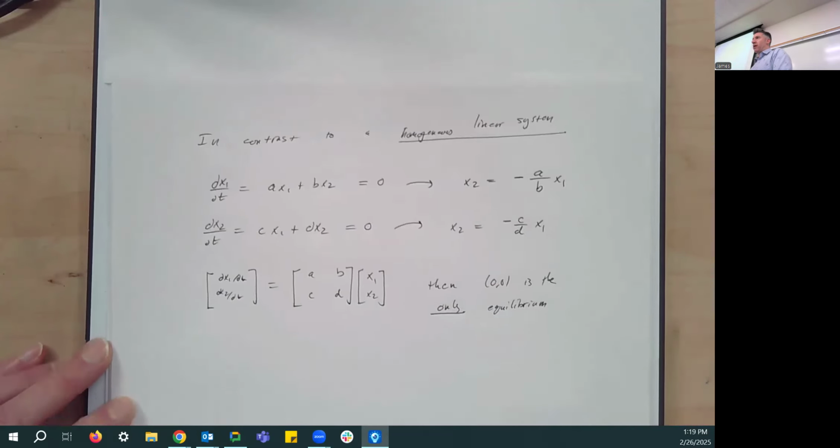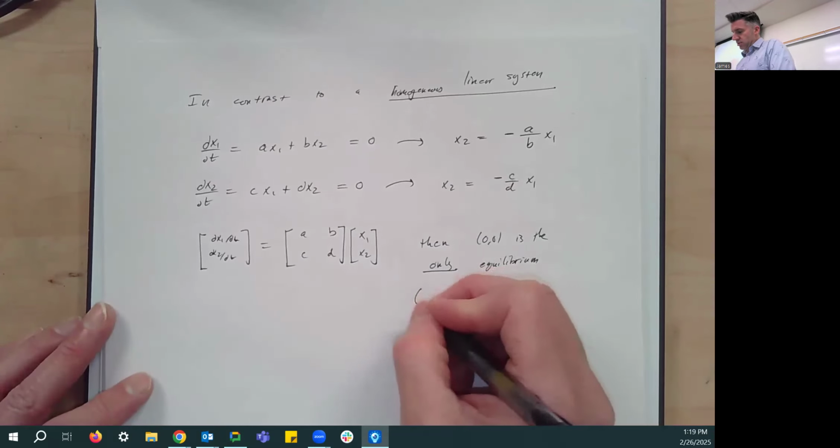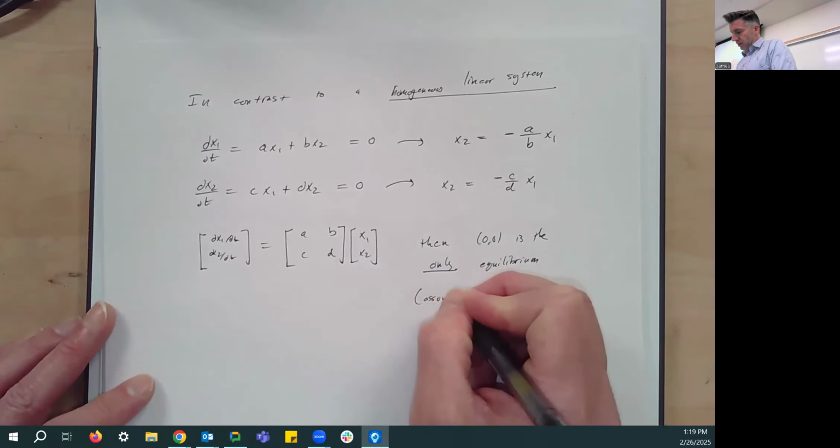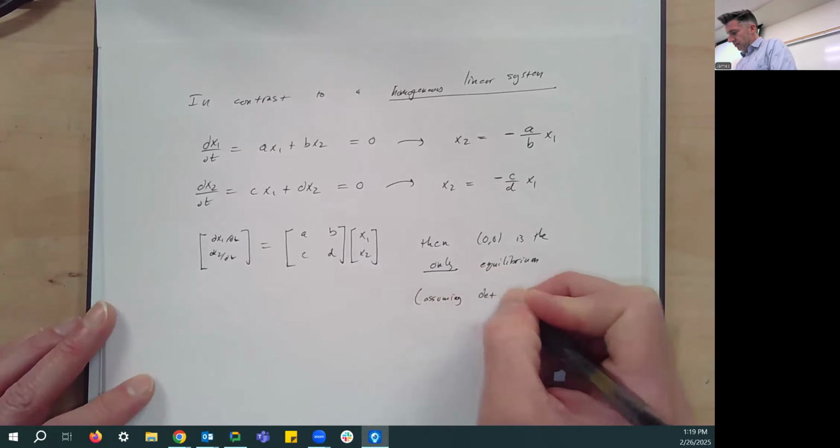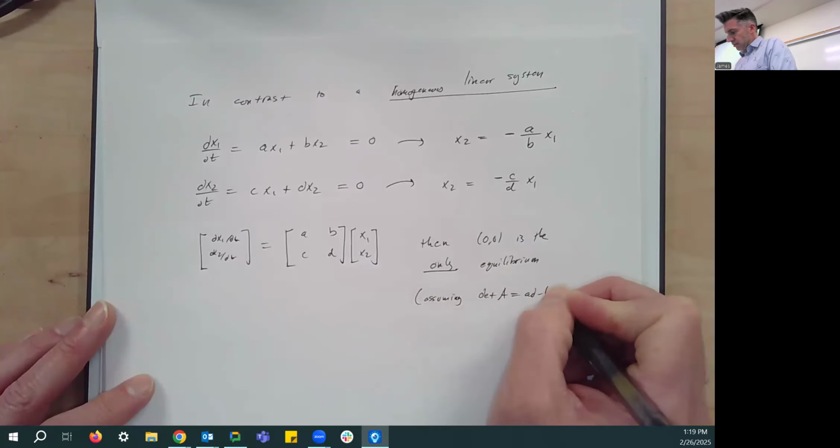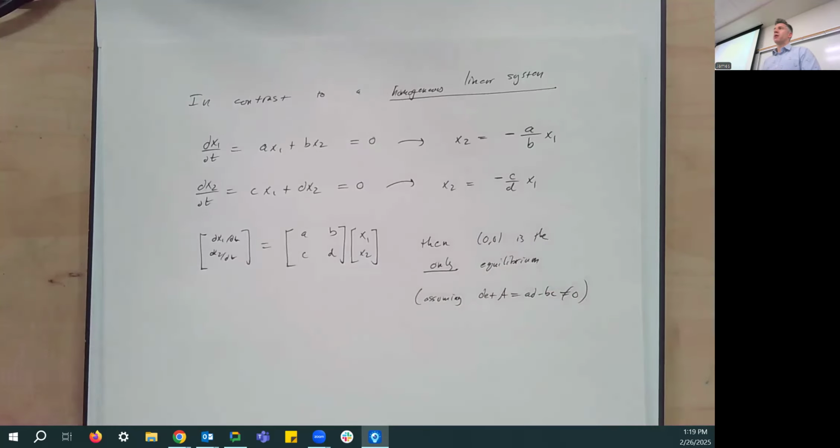I'll add a small caveat here: assuming the determinant of your matrix is non-zero. If that determinant is 0, then other weird stuff happens, but we're not going to worry about it.